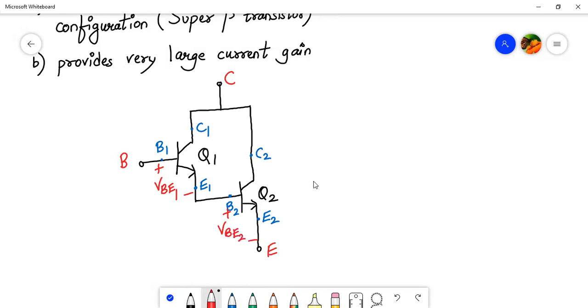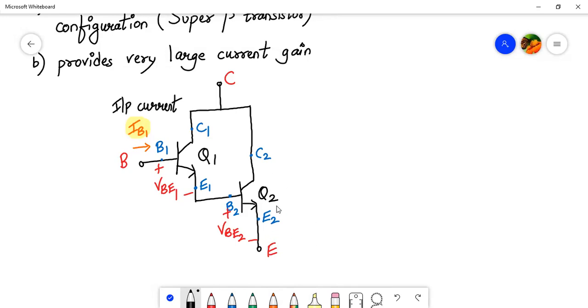All right. Now the current which is entering into the transistor, we can call that current the input current, right? So let me mark over here. This is flowing into the base terminal. This current is called IB1. Let me highlight it using a yellow color. And this current is my input current. So what is the output current for this configuration?